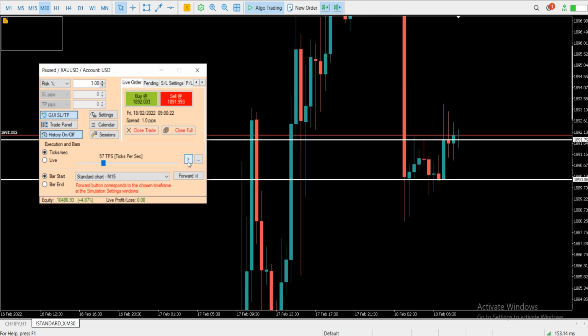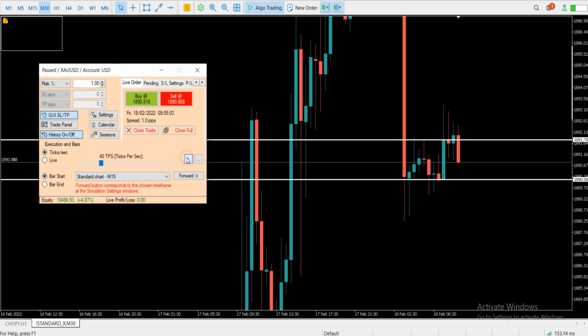If this candle breaks the high, let's just slow it down. I will enter the trade, and no, okay, it broke the low of the previous candle.